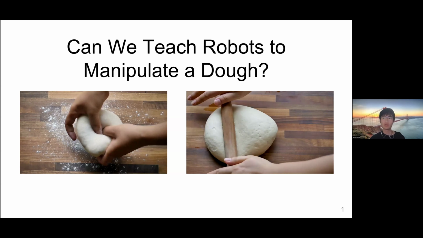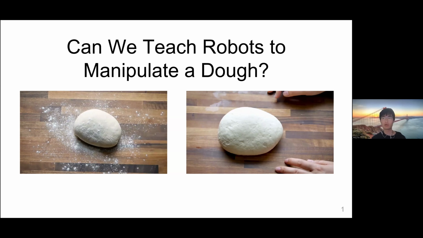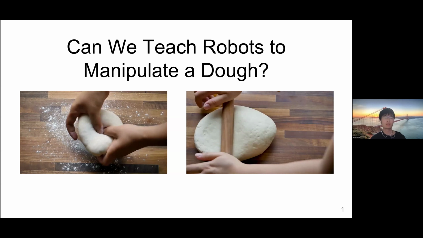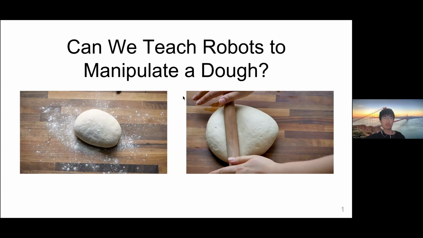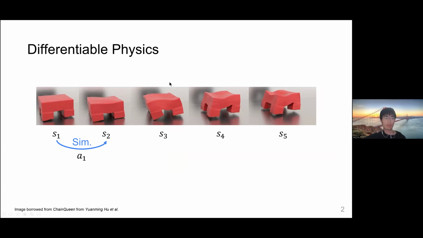We all know that it's relatively easy for an adult to manipulate the doll, but it's still quite a challenging task for robots. And yes, we have differentiable simulators with physics. Probably we can use that to solve our task.